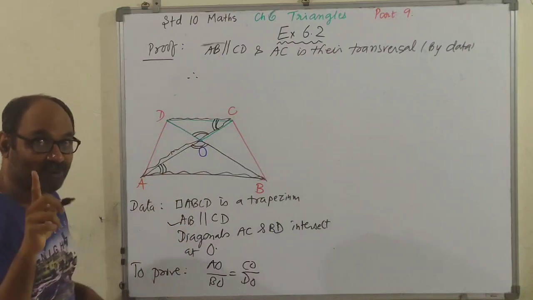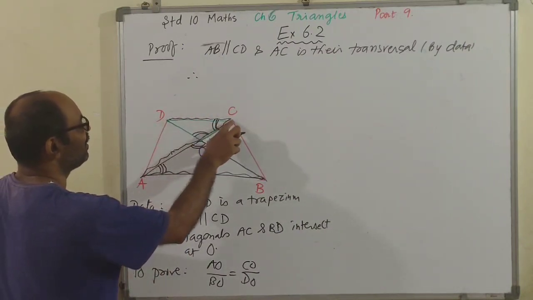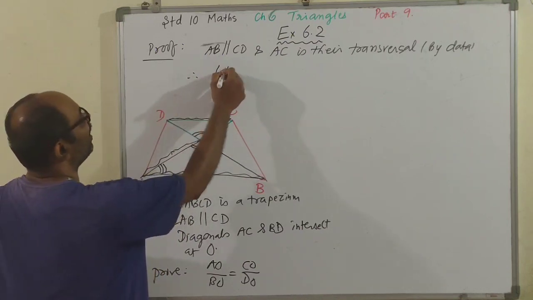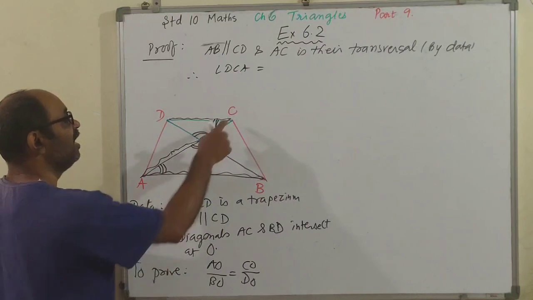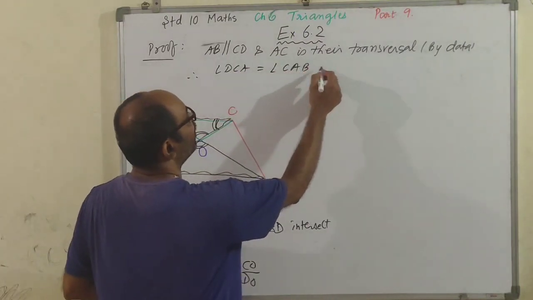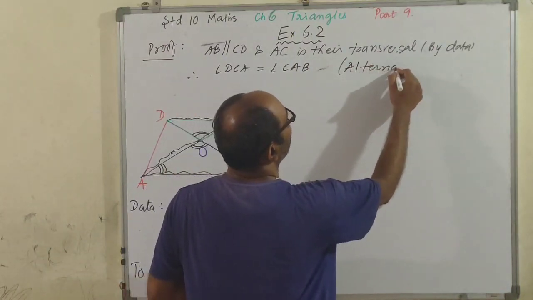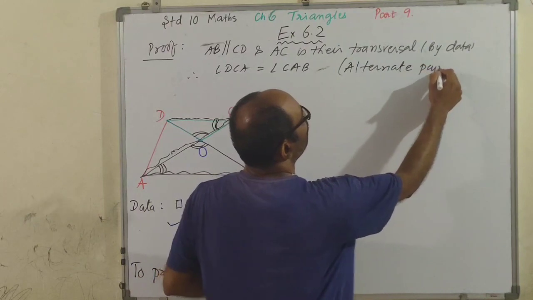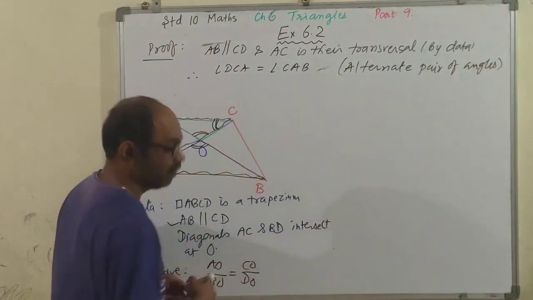Therefore, be careful children, angle DCA is equal to angle CAB. Reason? Written in brackets: alternate pair of angles.